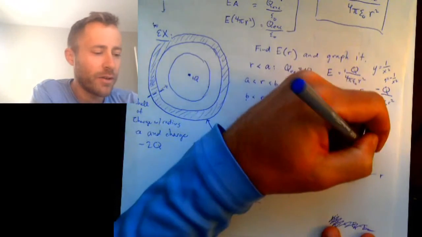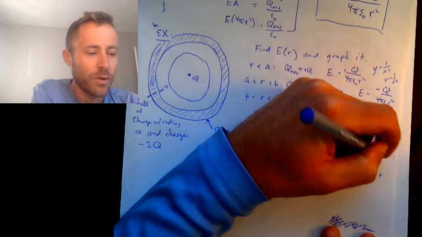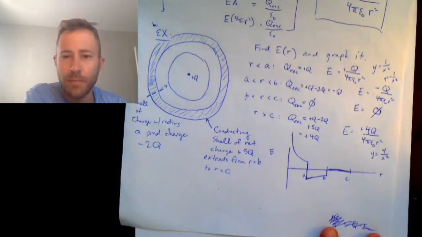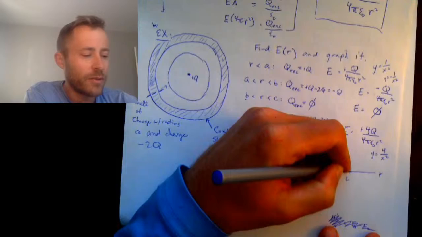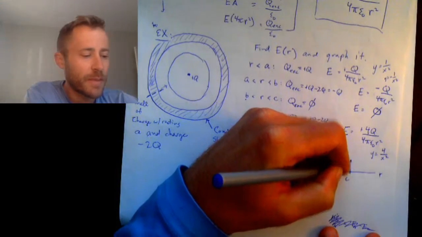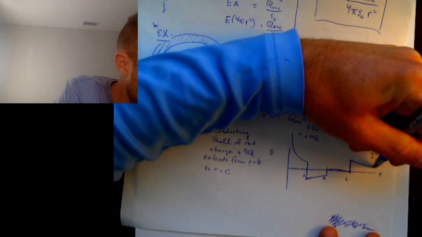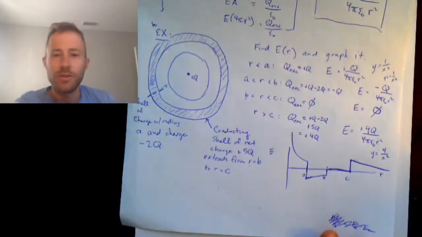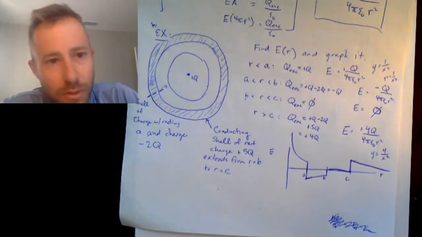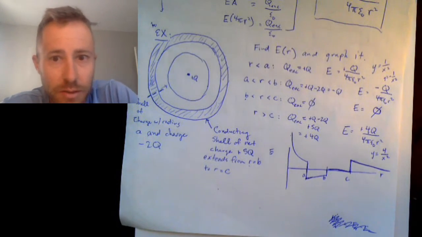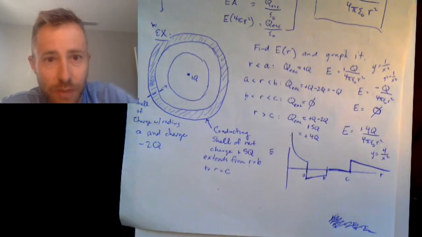So that would be like a graph of y equals 4 over x squared. So the graph is going to be positive again. It's going to jump up and continue to decrease, like so. So that is a graph of how the electric field would depend on distance. I hope that made sense.